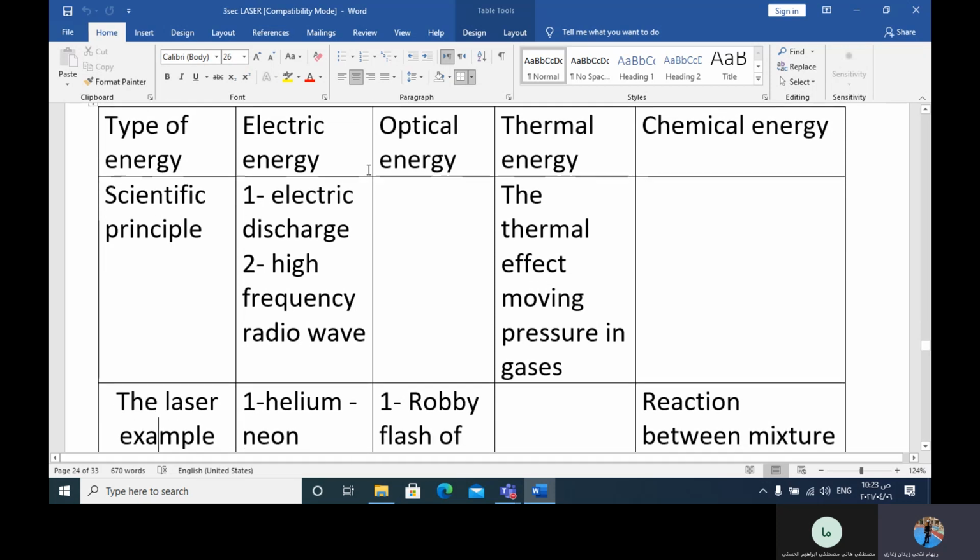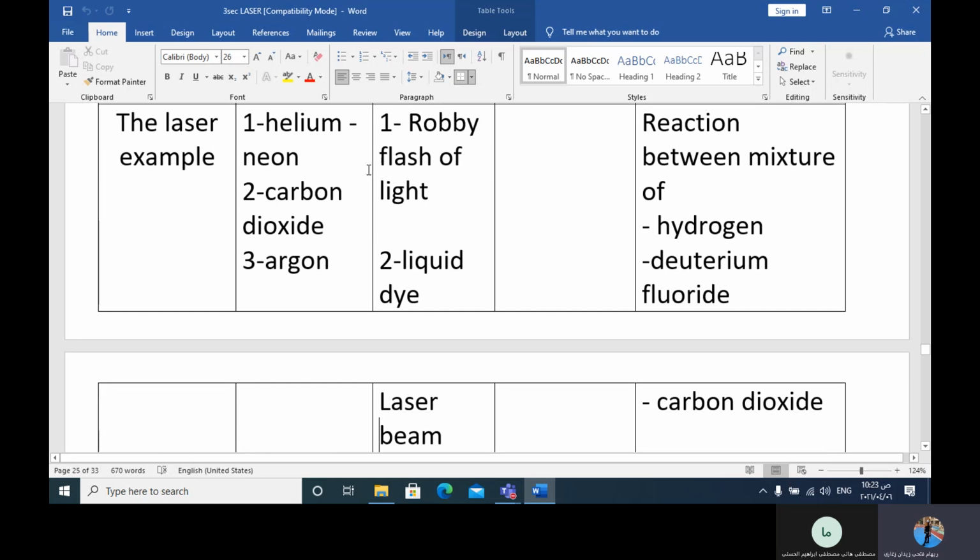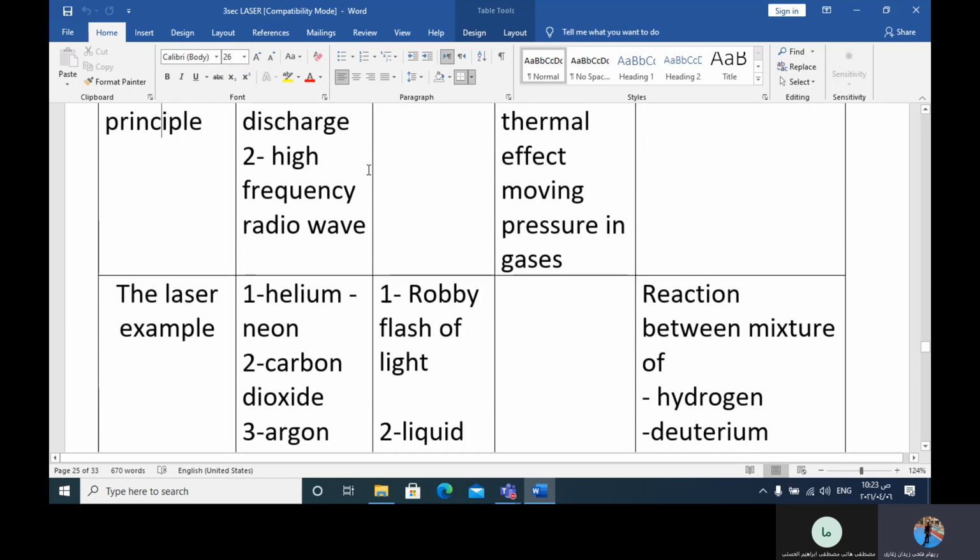Examples of electric energy as a source of exciting atoms: the helium neon laser, the second one is the carbon dioxide laser, and the third example is the argon laser. So we have here three lasers. All of them depend on electric energy as a source of energy to excite atoms to produce the lasing action.